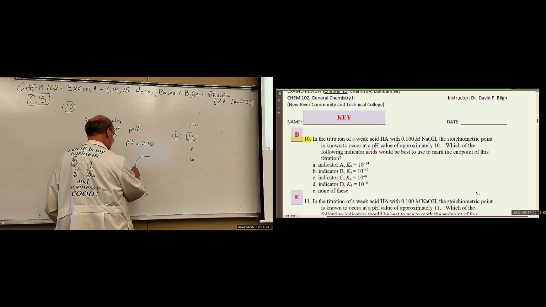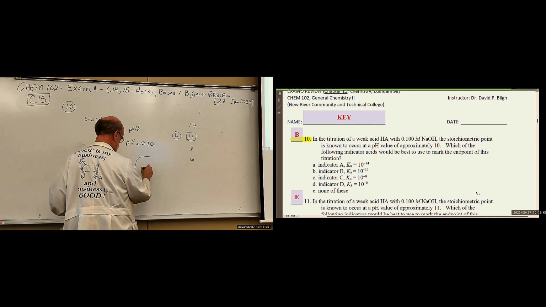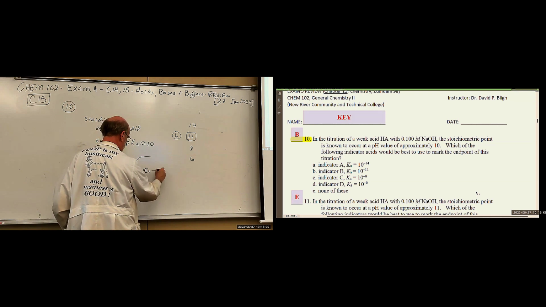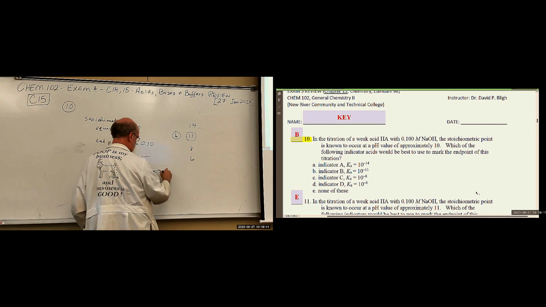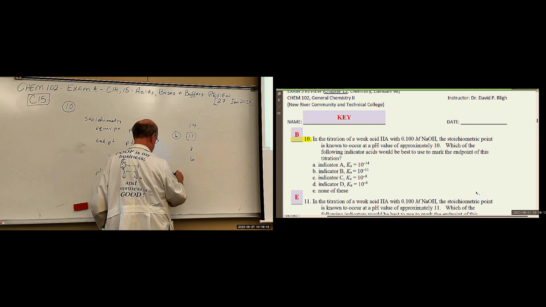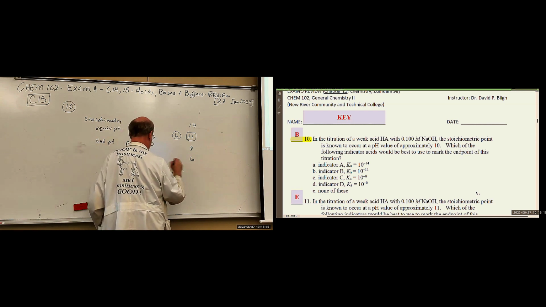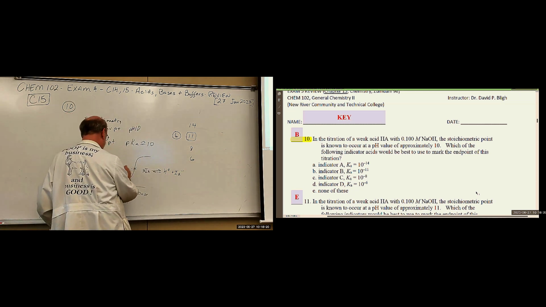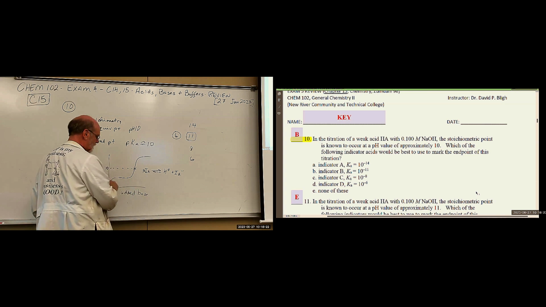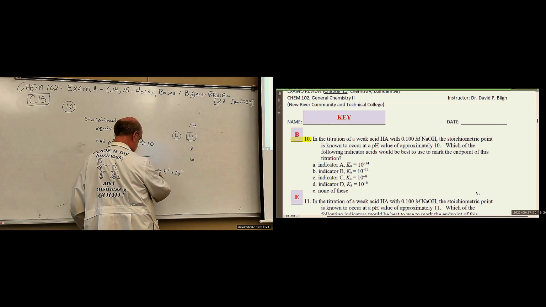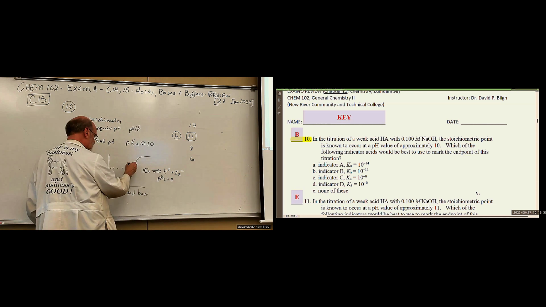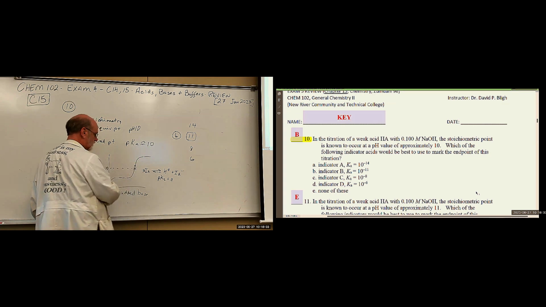So the indicator, we want the indicator to change here like this. And if this is pH 10, and this changes at pKa or pH 11, then it's going to change up here somewhere, right in that region.